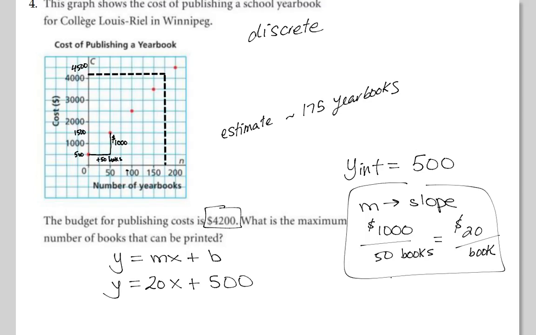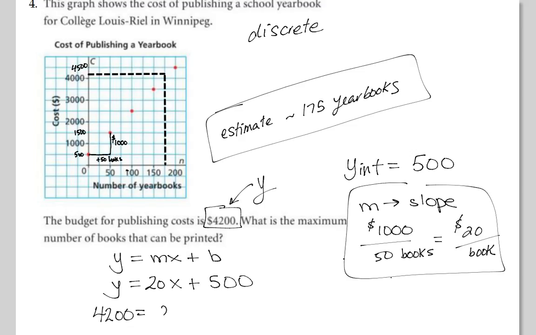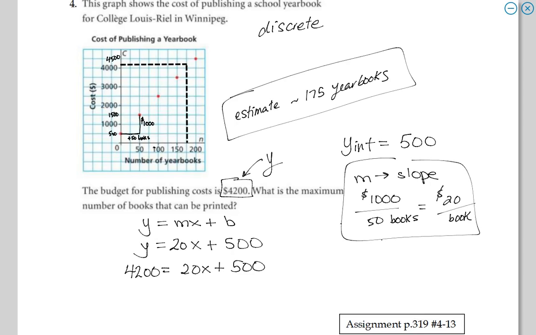Now I have an equation, and I can be a little bit more accurate than this estimate. So where do I put the $4,200 in the equation? Look at the unit, it's a y value. I can do a substitution right here. 4,200 is equal to 20x plus 500. Now how to solve for x.